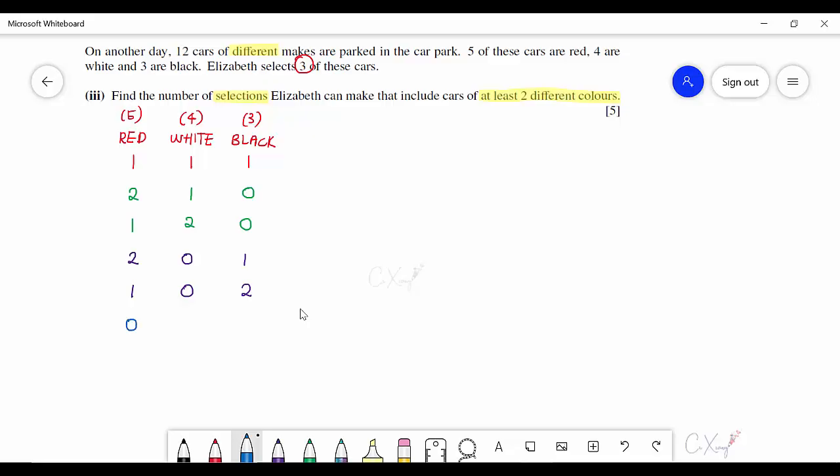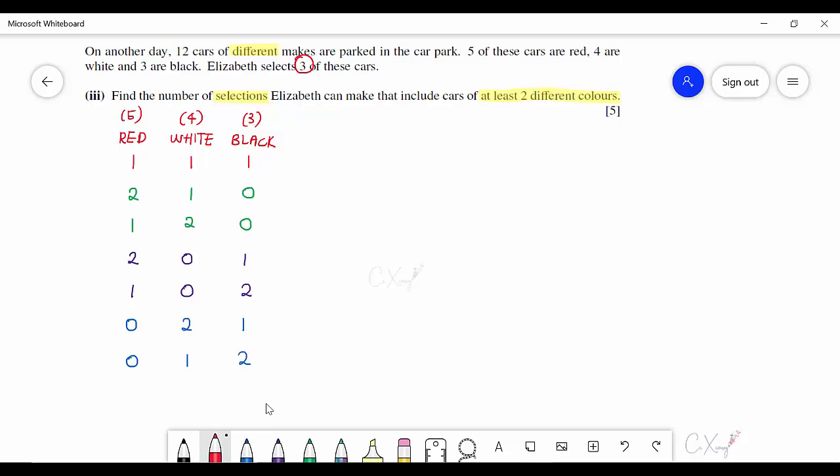I can have no red car, then 2 white and 1 black, or keep red as 0 and have 1 white and 2 black. From all the possible cases here, you can see very clearly that in total I select 3 cars and I have at least 2 colors in all the selections.